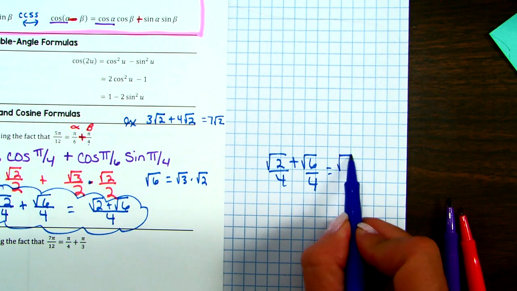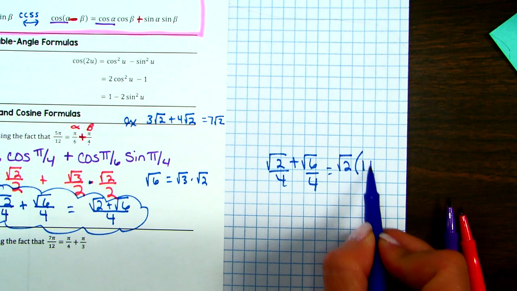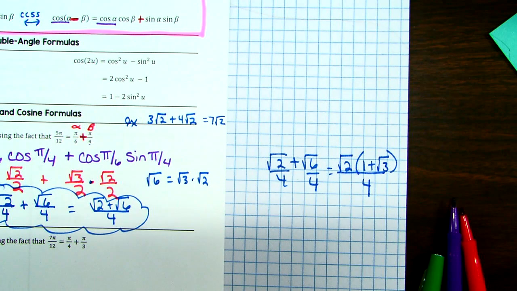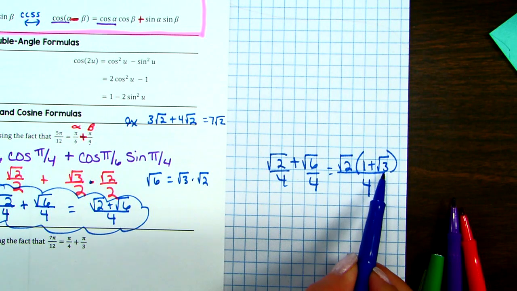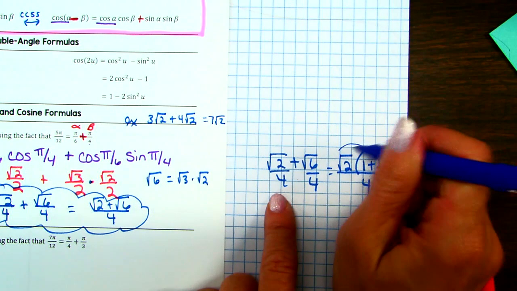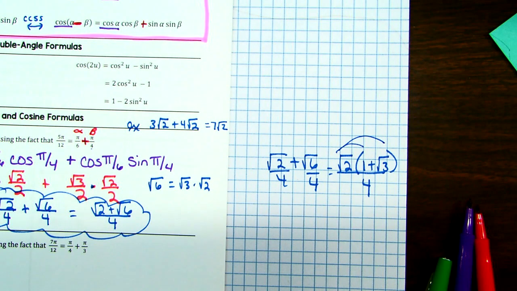So you would have the square root of 2 times 1 plus the square root of 3, over 4. Right, Michael? Do you see what I'm saying? You're still stuck with a radical that you can't add together. So this does equal this. It's just the reverse of the distributive property. They do have a square root of 2 in common, but it still doesn't allow us to do much with it. Okay? Right? All right.